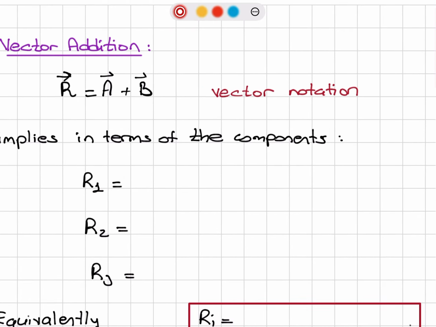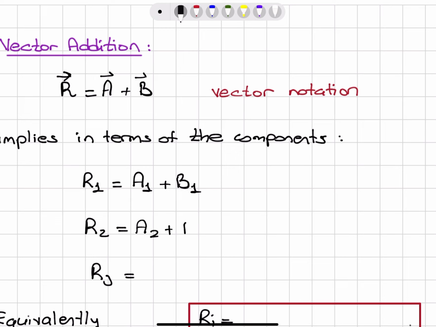This equation implies, in terms of the components of these vectors, the first component of the resultant vector, R1, is the first component of vector A plus the first component of vector B. R2 is A sub 2 plus B sub 2, and R3 is A sub 3 plus B sub 3.